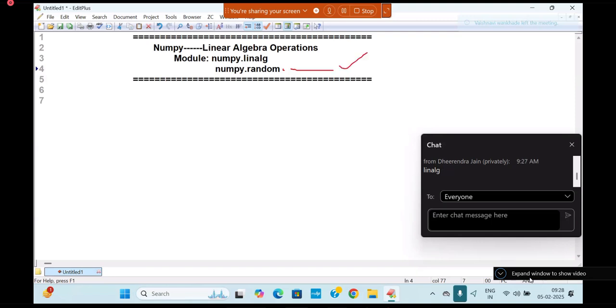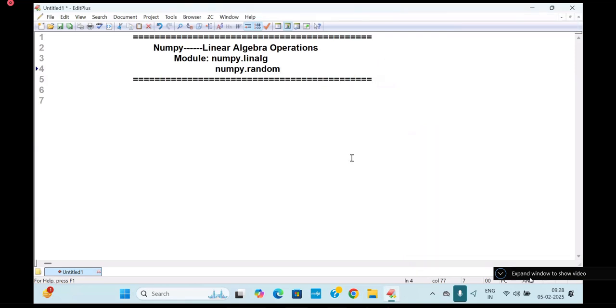The first function is randint. Next is rand, next is uniform, next is randn, next is normal, next is choice, next is sample, next is permutation. Iter permutations are different. Still it is pending, I did not upload that iter example. I will send you that. Are you following me?